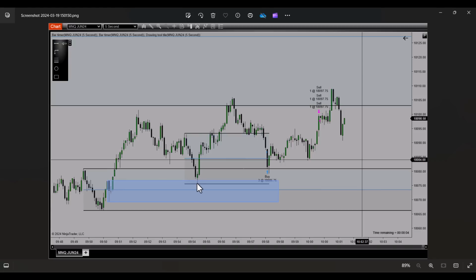I missed this trade. I wasn't at the chart, but price gave me another leg. We have another break of structure, closing above this high. This is a protected high. Price returned back to the previous zone, the swing point, and I took my trade from here and exited from here.